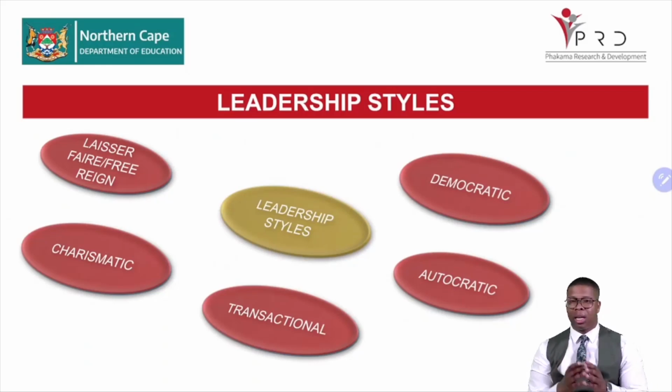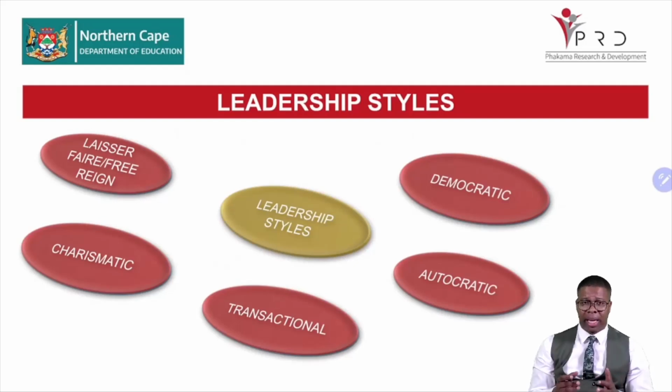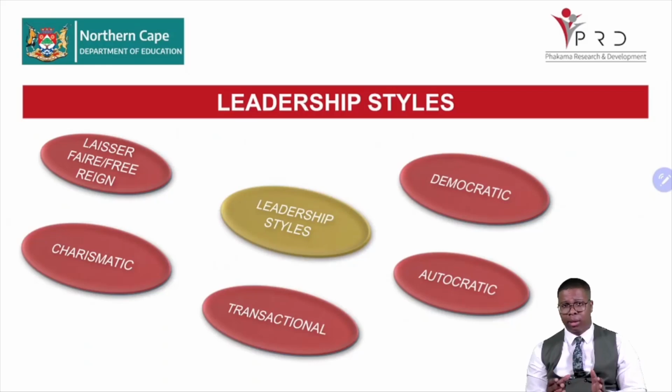So the examiner can ask you to explain in which situation this leadership style can be applied, because a leader will not use one leadership style, but will use a leadership style based on the situation they are faced with. Hence, they can use democratic when they want to get new ideas from the employees. They can use autocratic in a crisis situation.